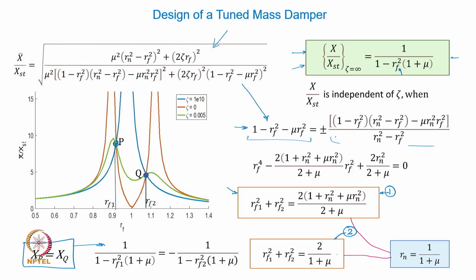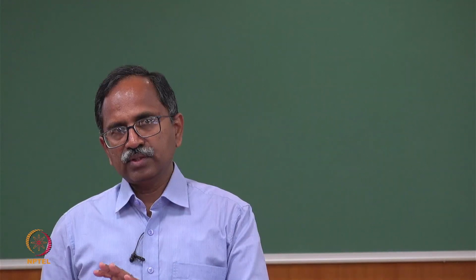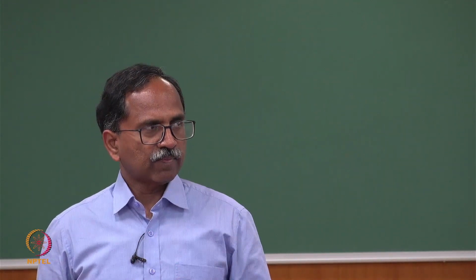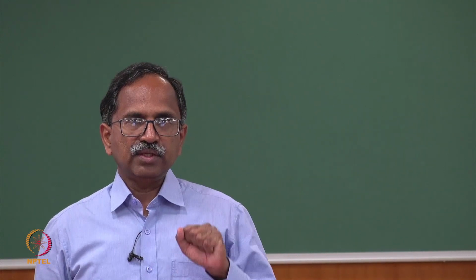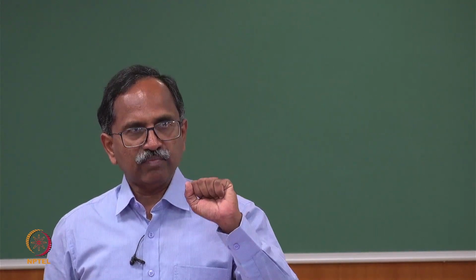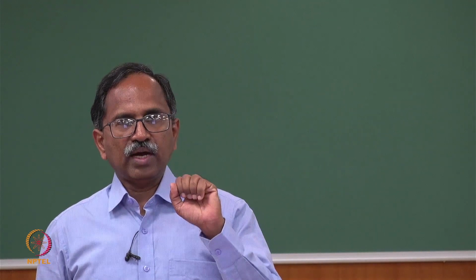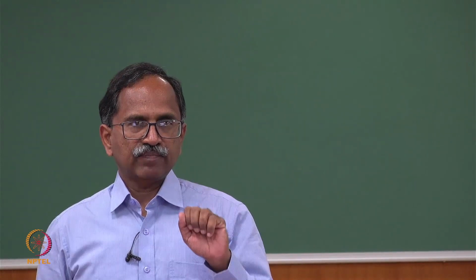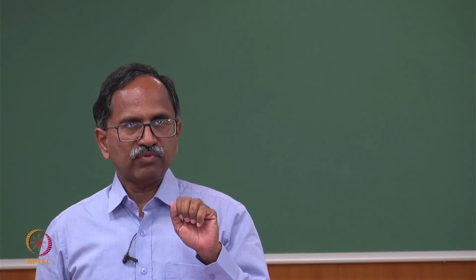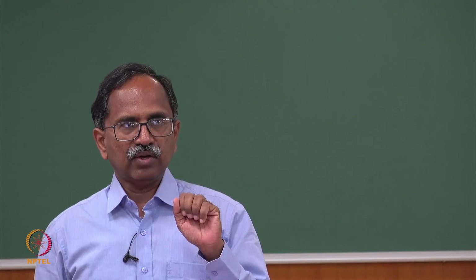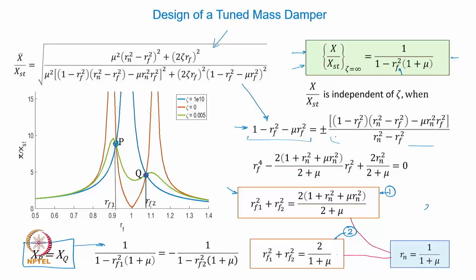Okay, so through this whole process, what we have been able to do is, given a certain value of mass ratio mu, I can now fix the natural frequency ratio. Or I have a direct value of Rn, which is the natural frequency ratio. It is a function of the mass ratio.